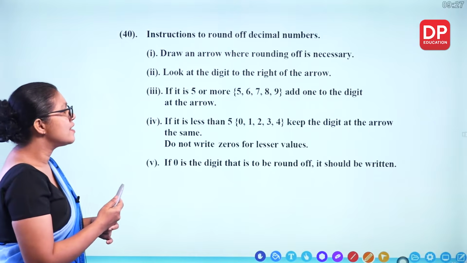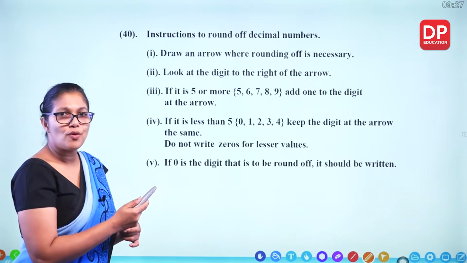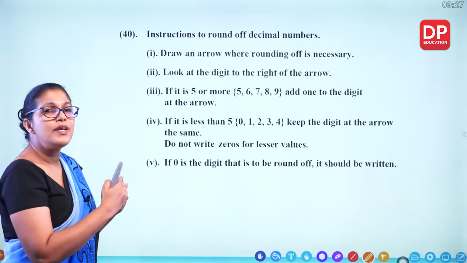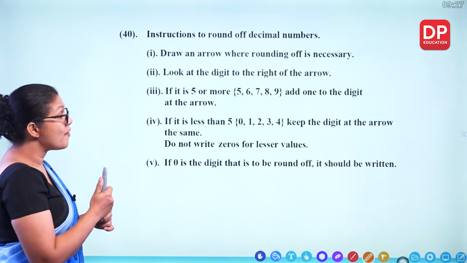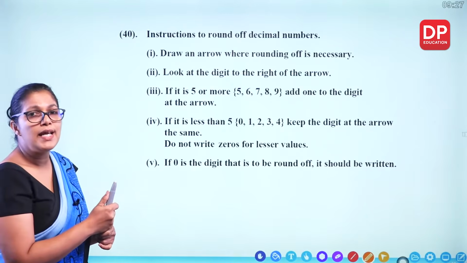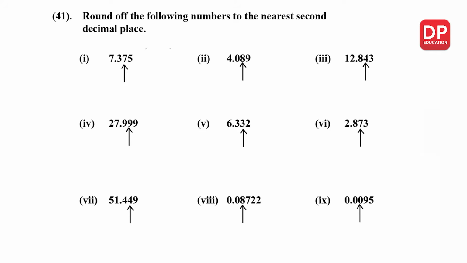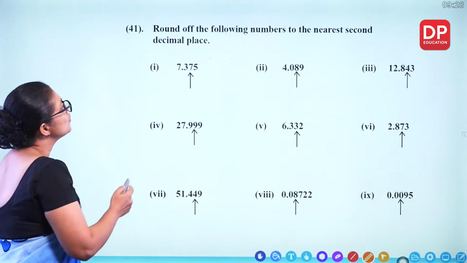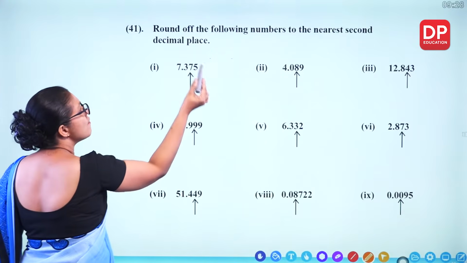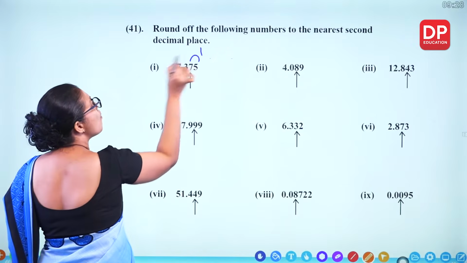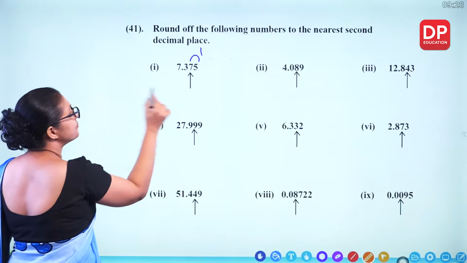Do not write zeros for lesser values. So for decimal numbers, you don't need to put zeros. If 0 is the digit that is to be rounded off, it should be written. Round off the following numbers to the nearest second decimal place. So this is the second decimal place. What's the next number? 5. 5 means you have to add 1 to the previous one.